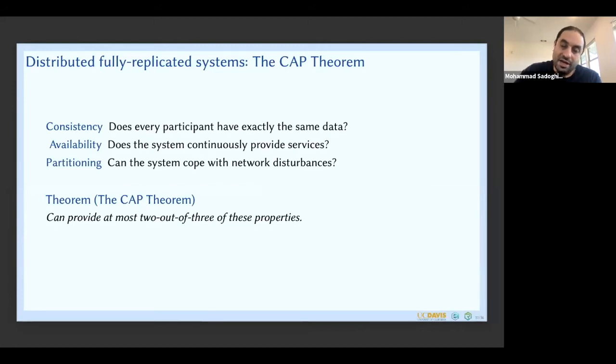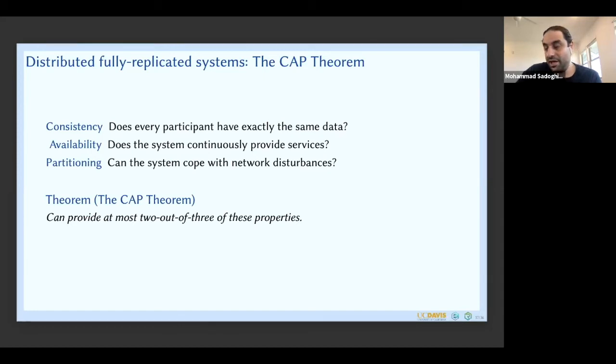In a broader sense, and you may come across this, there's a famous theorem. It started with a conjecture in the early 2000s, and then it was later proven. It's called the CAP theorem, and it's a really broad characterization of distributed systems in general. It consists of three parts: consistency, availability, partitioning.